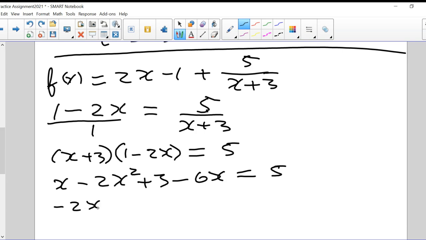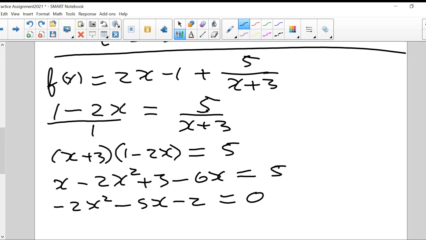So minus 2x squared, and I'm going to put my like terms together. The minus 6x and the x gives me minus 5x. The 3 and the minus 5 gives me minus 2, equals 0. So it looks like everything is negative here.